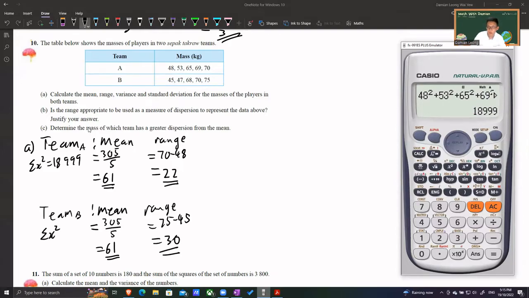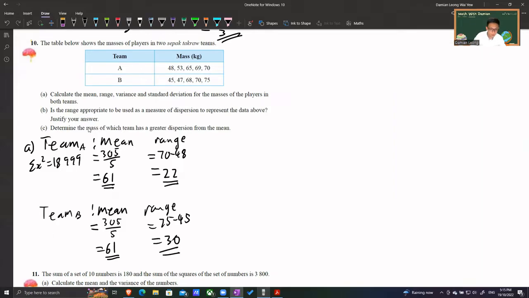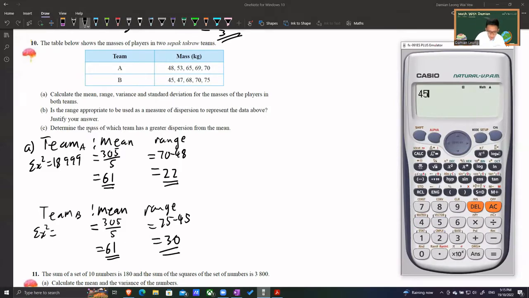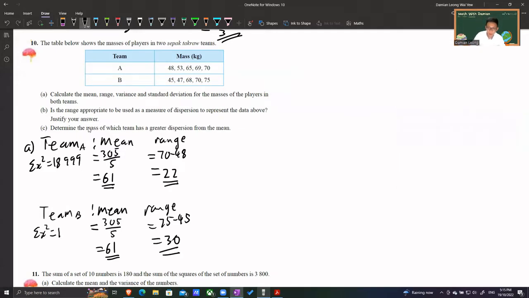Then for team B as well, find the sum of values square. 45 square plus 47 square plus 68 square plus 70 square plus 75 square, 19383.